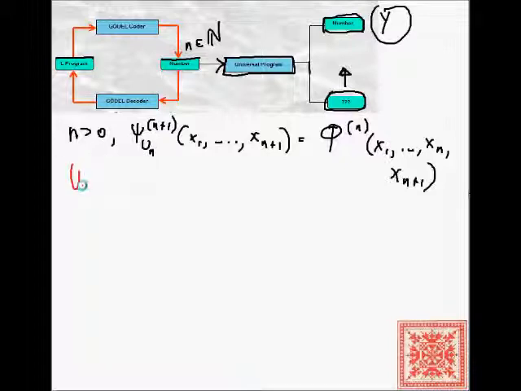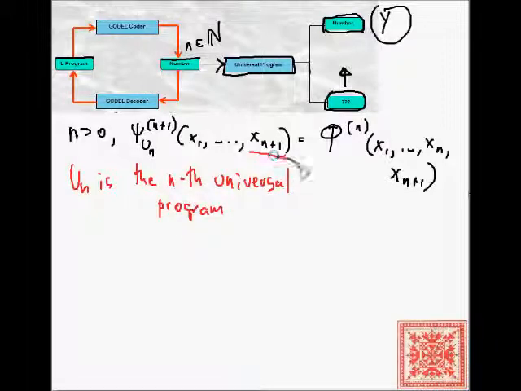What does that mean? Psi of u sub n is the value of the output register of the universal program of n arguments, u sub n, the nth universal program, when it runs program number xn plus 1.